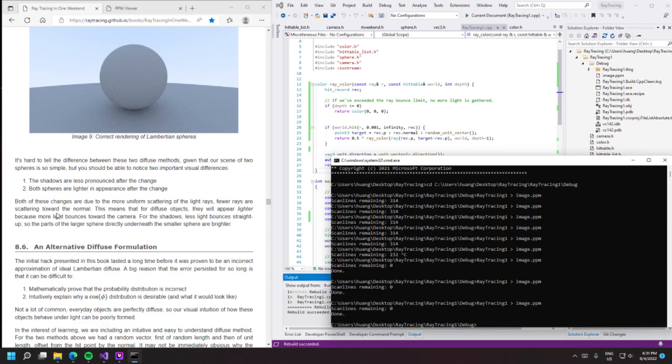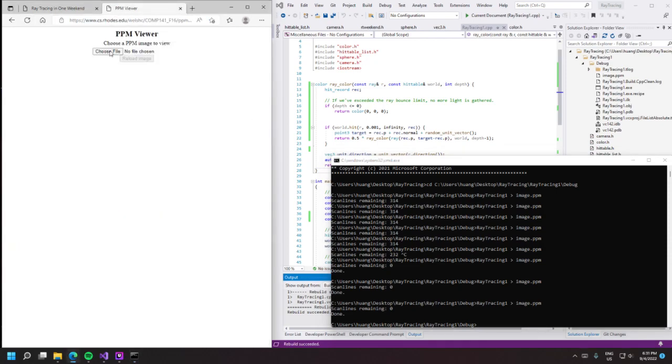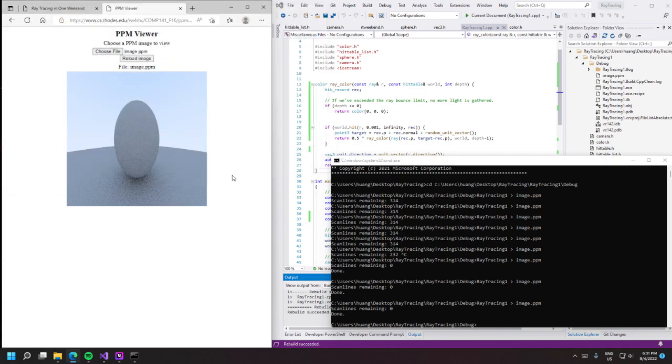Fewer rays are scattering towards the normal. This means that for diffuse objects, they will appear lighter because more light bounces towards the camera. For the shadows, less light bounces straight up, so the parts of the larger sphere directly underneath the smaller sphere are brighter. Well, I think for the color, the change is very obvious in our case.